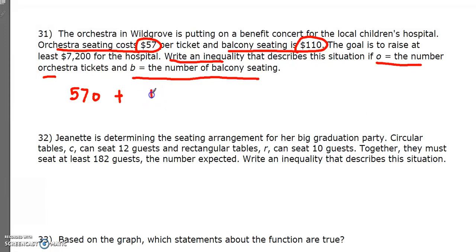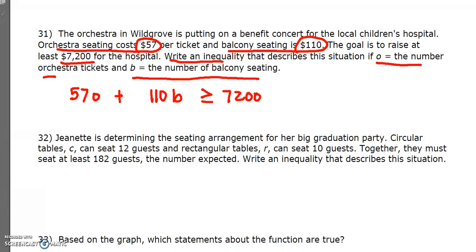So that would be $110 times B. And again, all of this has to be at least $7,200. So that means greater than or equal to $7,200.